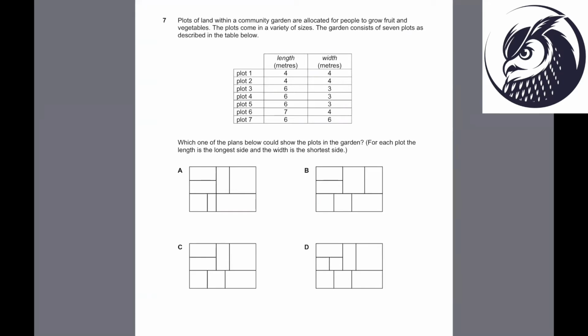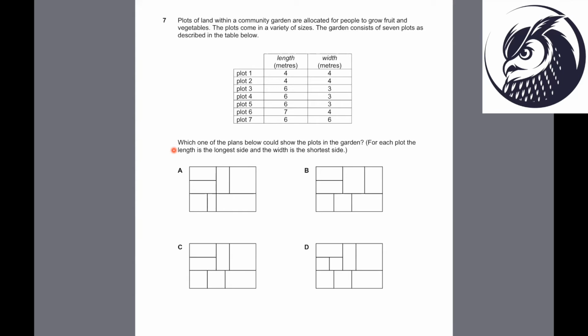The garden consists of 7 plots as described in the table below, which gives us the dimensions of the plots in length and width. The question asks, which one of the plans below could show the plots in the diagram? For each plot, the length is the longest side and the width is the shortest side.